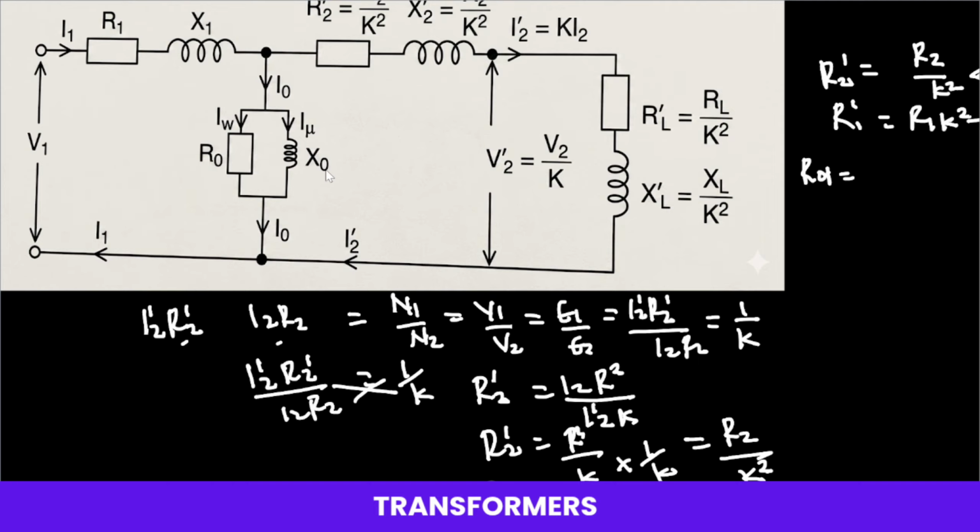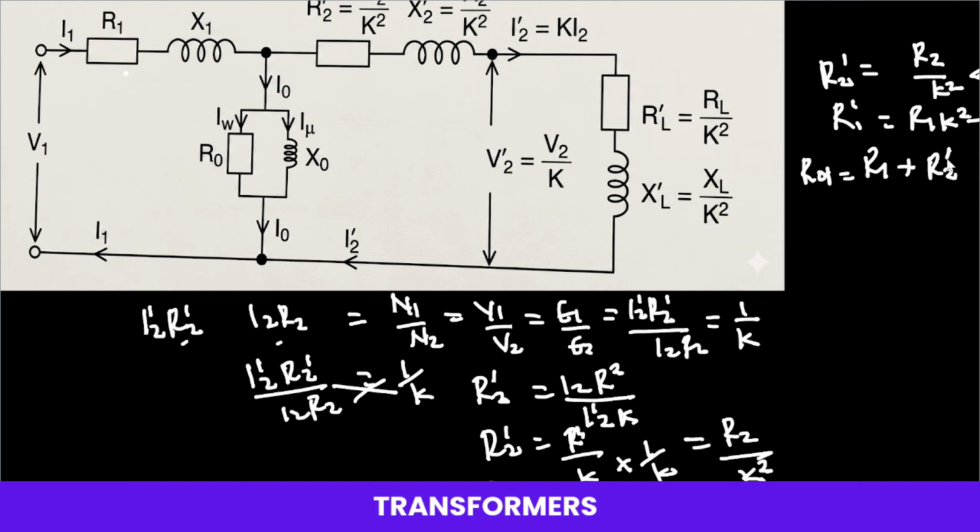And these circuits are always represented in series form, right? So if you are looking for the equivalent resistance, that means we are looking for the resistance at that particular end, and then we sum all since they are in series. So if you are looking for the resistance referred to the primary, which is the total resistance, then it will be the R1 which is already there, right? So that will give us R1 plus the secondary that we have referred to the primary, which is the same as what?